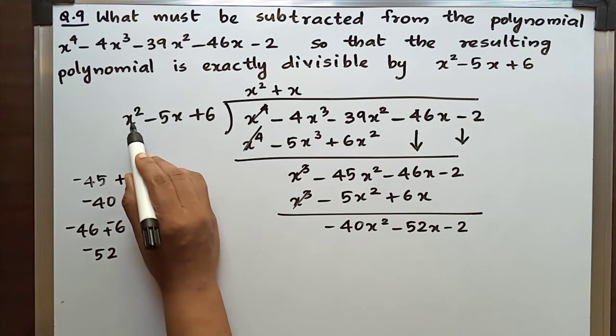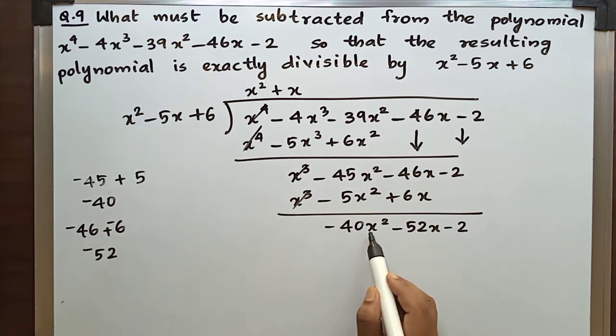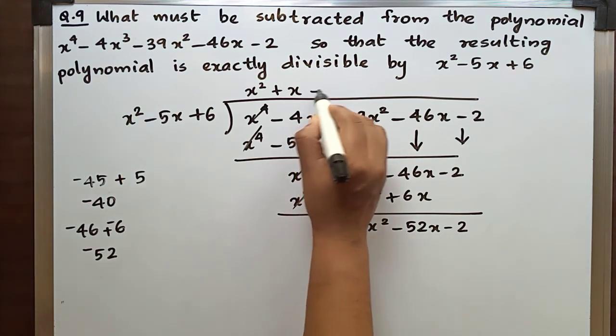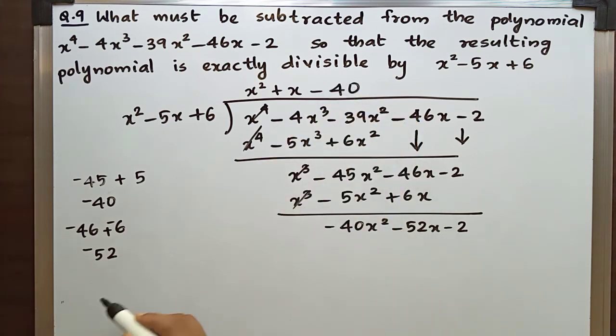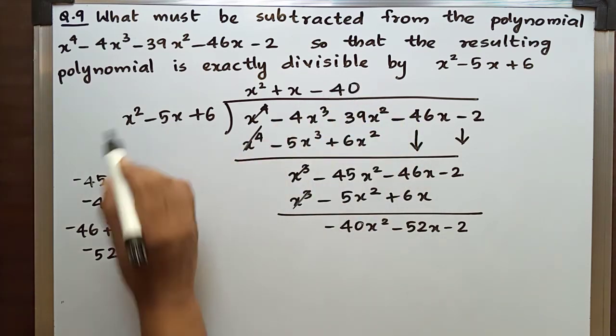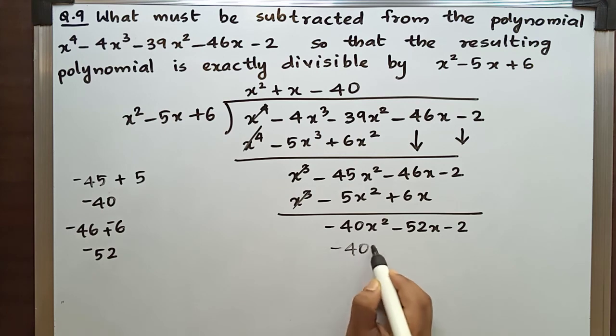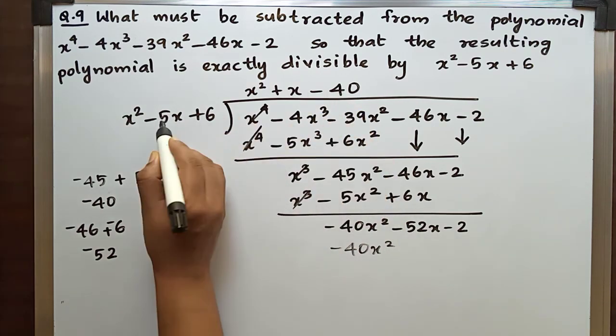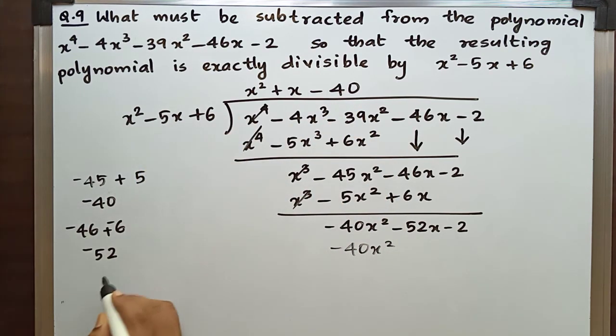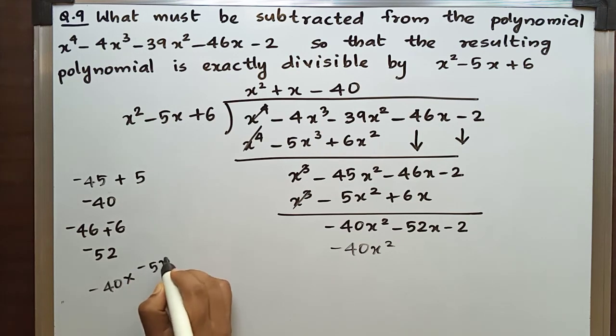Here we have x square and here we have minus 40x square, so we have to multiply by minus 40. Minus 40 into x square is minus 40x square. Minus 40 into minus 5x.